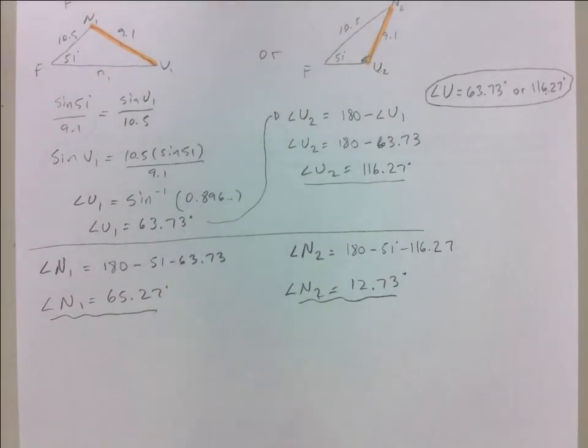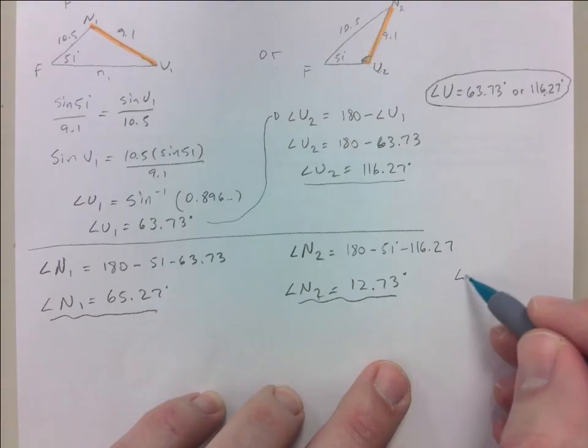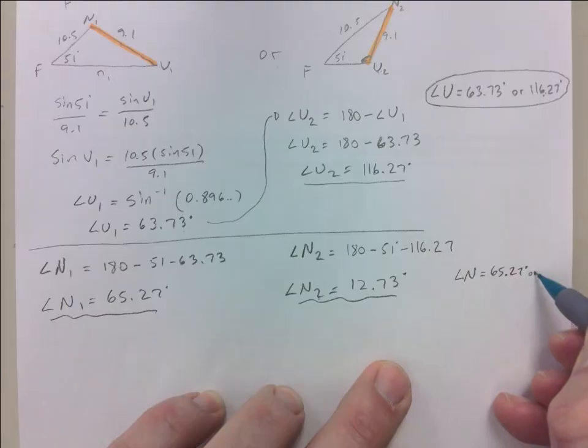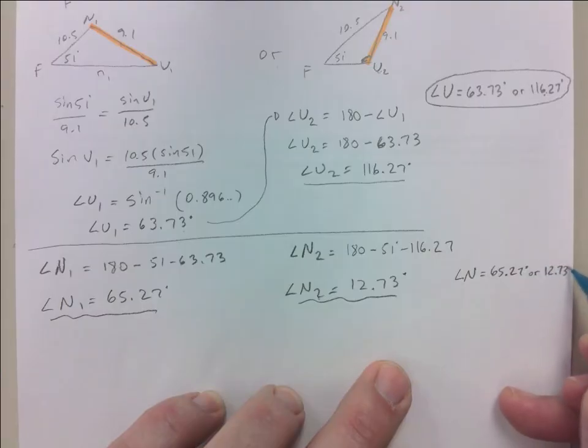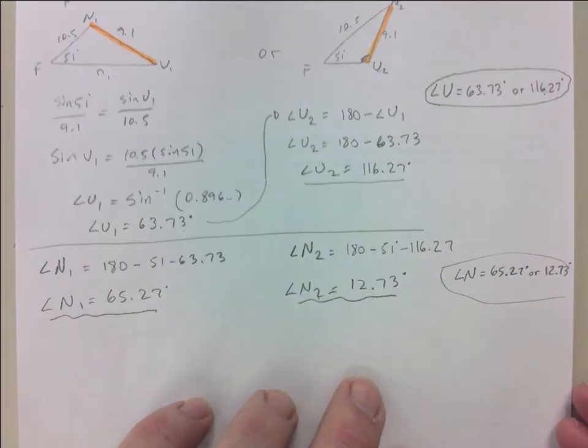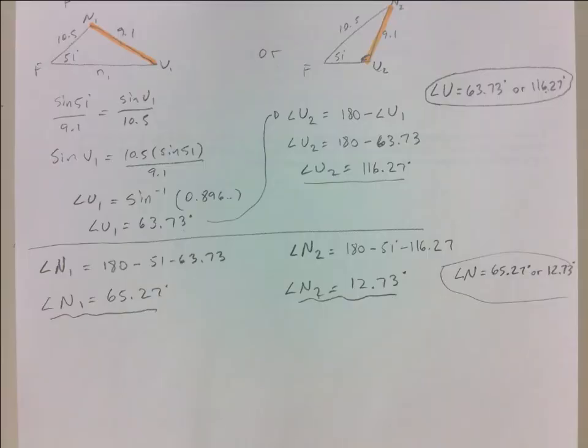So here, you would say that angle N is 65.27 or 12.73. Okay, that would be your answer. If I asked you for angle N, you would stop there, you're done. Got it? So every angle, every side that you're solving has two possible answers. That's what we're saying here.